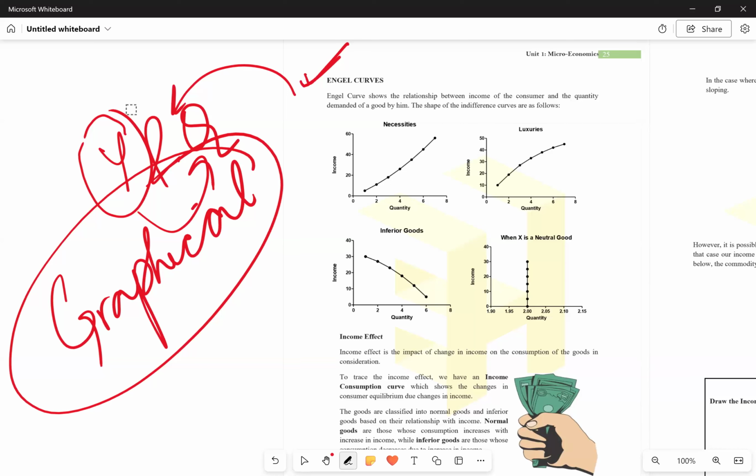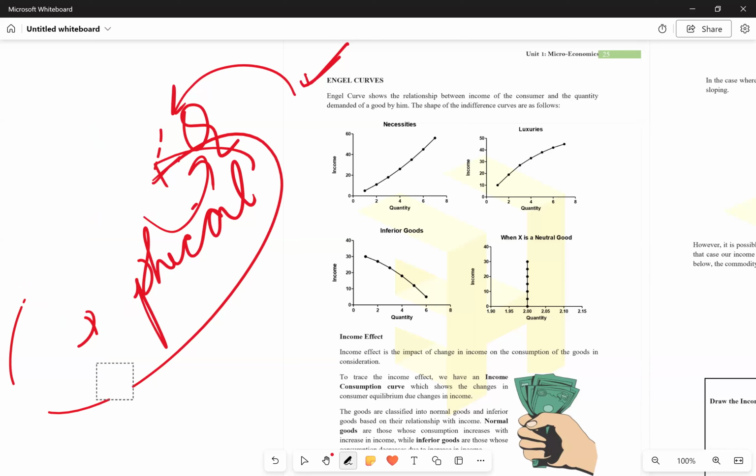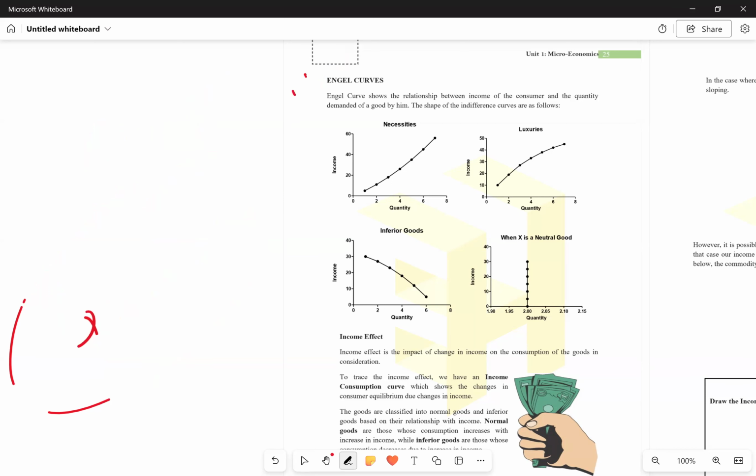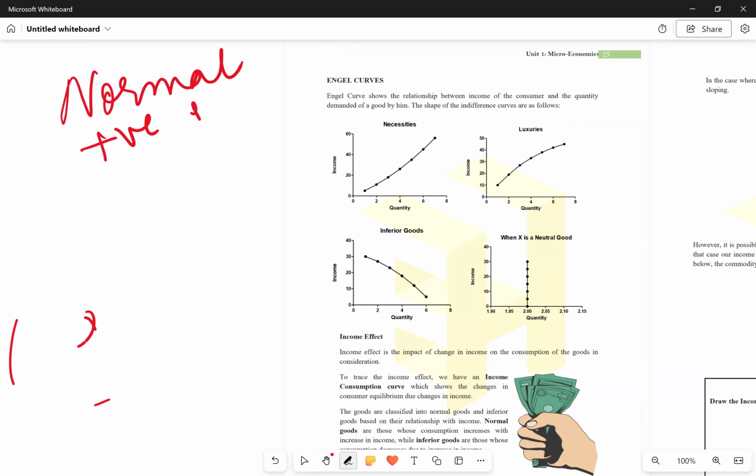Now, in the case of, say, normal goods, we know that there is a positive relationship between income and output.